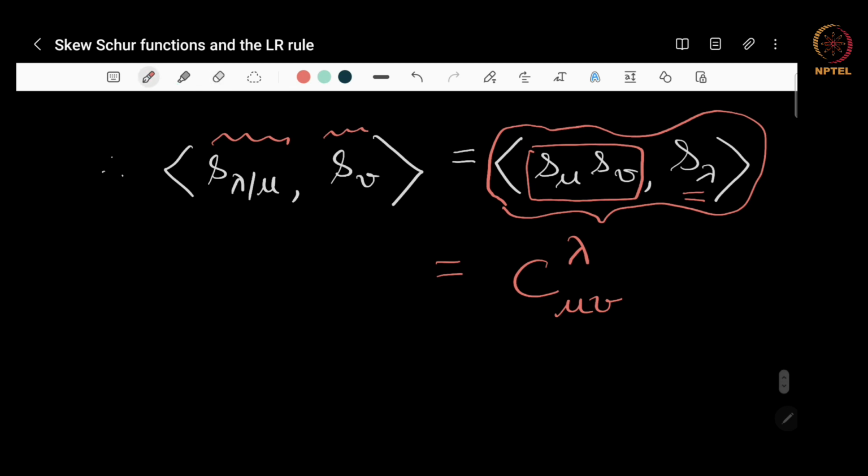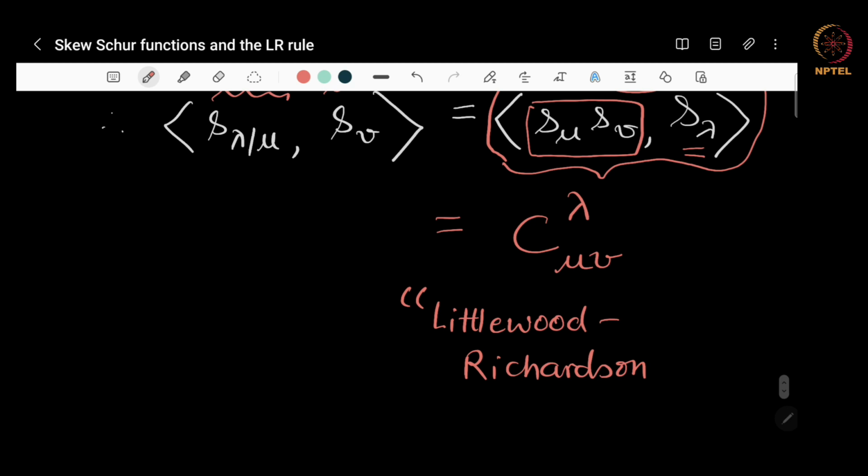I suppose nothing much at this point, but let me just give this a name. This is called the Littlewood-Richardson coefficient. So it tells you how to multiply two Schur functions together, if you wish, and then expand the answer back in terms of Schur functions.